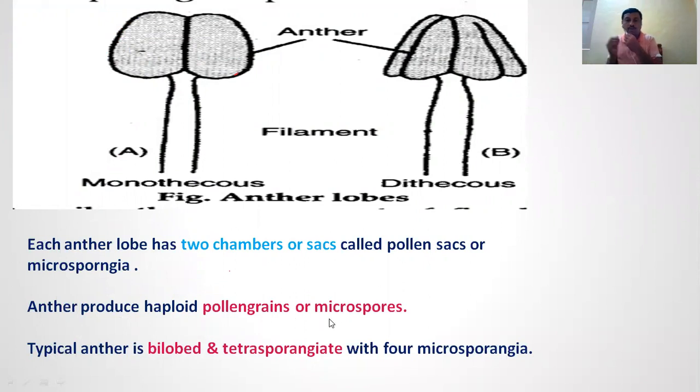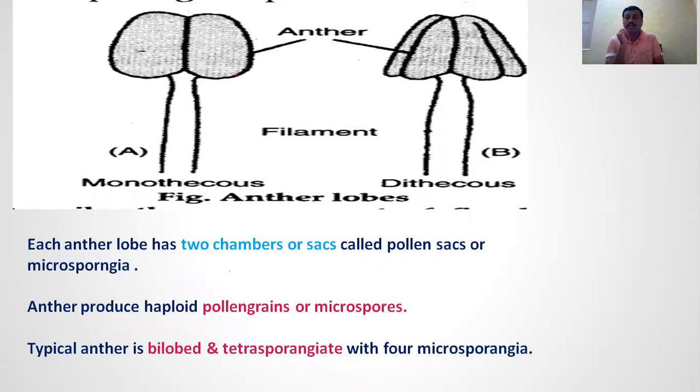In between the pollen sac or microsporangia, the haploid pollen grains or microspores are developed. These pollen grains are called the male gametophytes. They are the male gametes in flowers, produced haploid in the pollen sac or microsporangia.